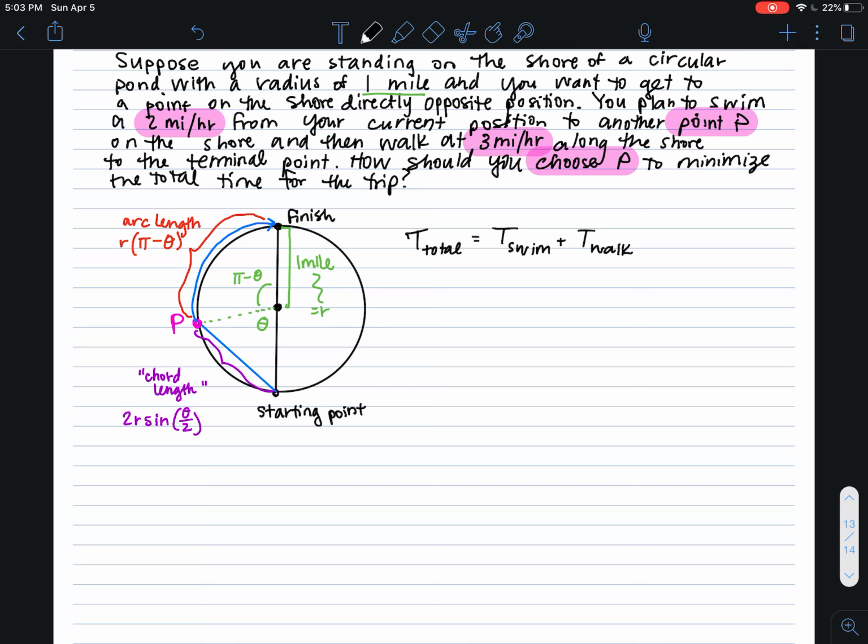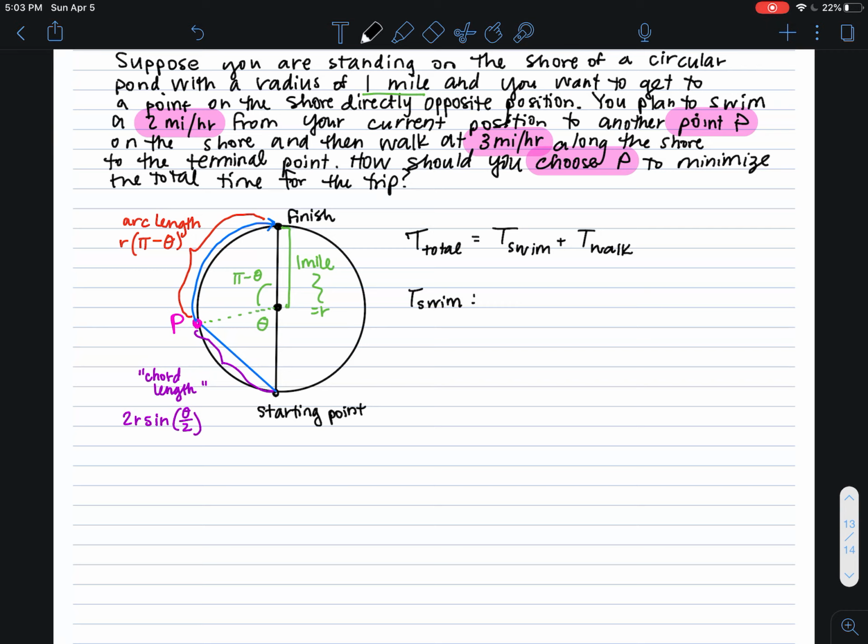Okay, so we're going to find each of those individually and then create one equation and take derivatives and solve. So the time it takes us to swim is the distance of swimming divided by our rate. So I'll kind of show you guys that.